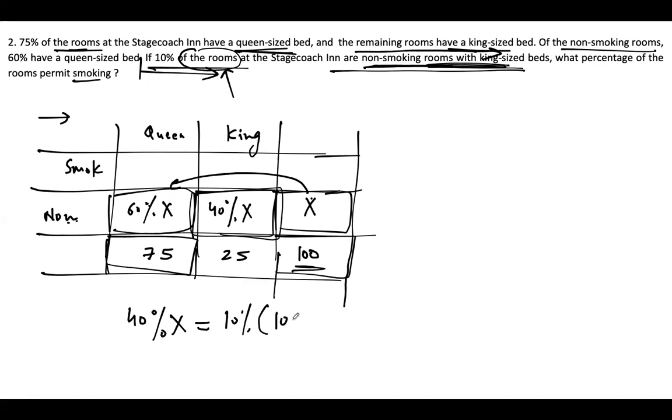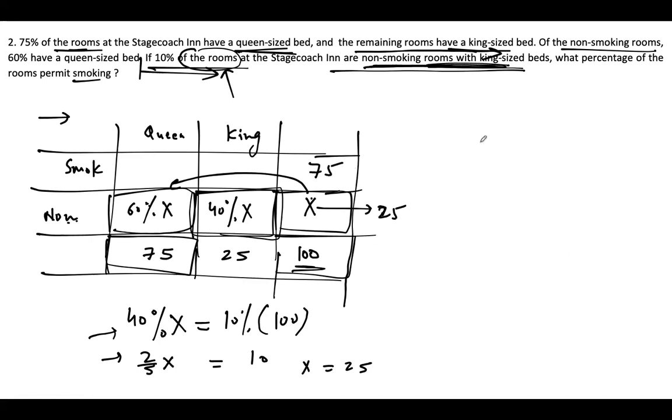What is the total number of rooms? 100. So 10% is 10. 40% is 2 by 5 of X. So what is this value? It's 25, sir. X will be 25.